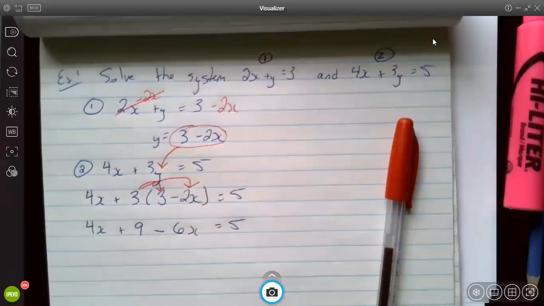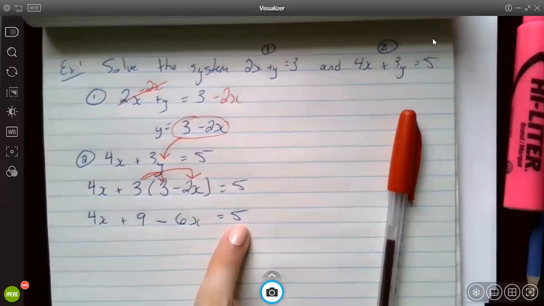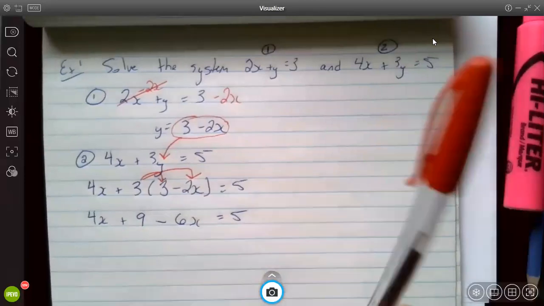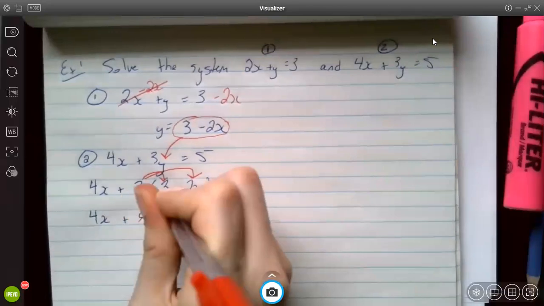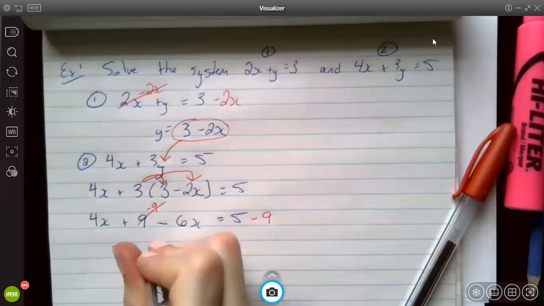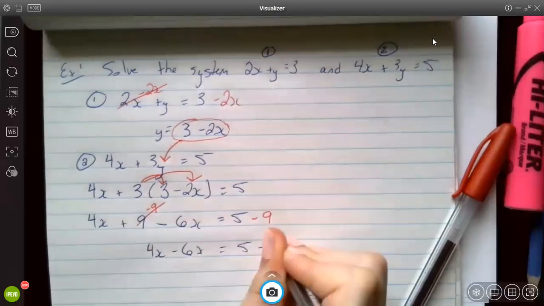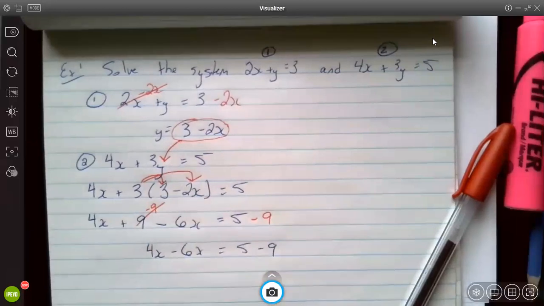Then I'm going to start gathering my like terms. So I'll move the 9 to the other side so it can be with the other constant. So minus 9, minus 9. That leaves me with 4x minus 6x equals 5 minus 9. And then of course I can simplify.